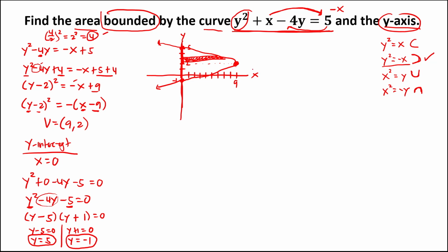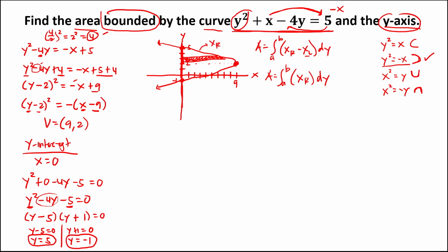To find this area using the x formula, area equals the integral from the lower limit to the upper limit of the right x minus the left x, dy. Since there is no given left x, we can find the area using just the right x, dy.